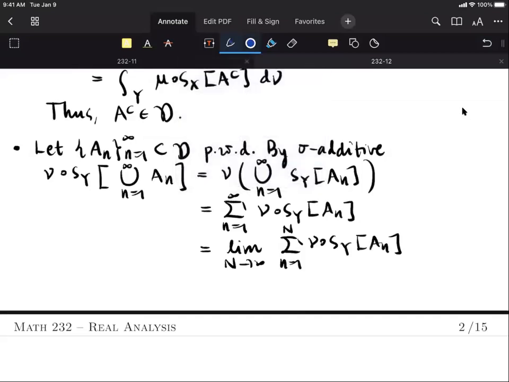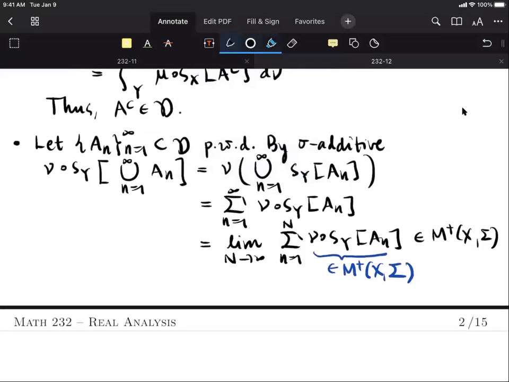Okay, since an is in D, this must be a non-negative measurable function defined on x. Hence, therefore, the sum and therefore the limit must be in m plus x sigma. Okay, so let us emphasize this one here.